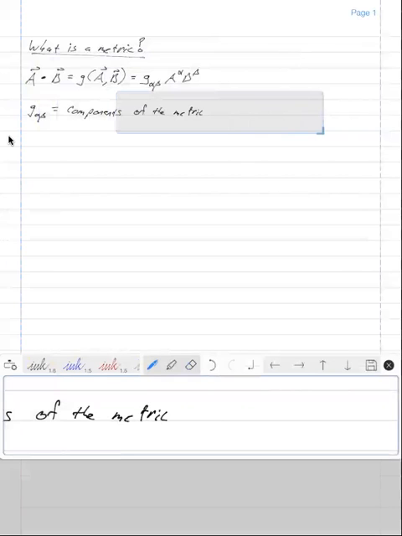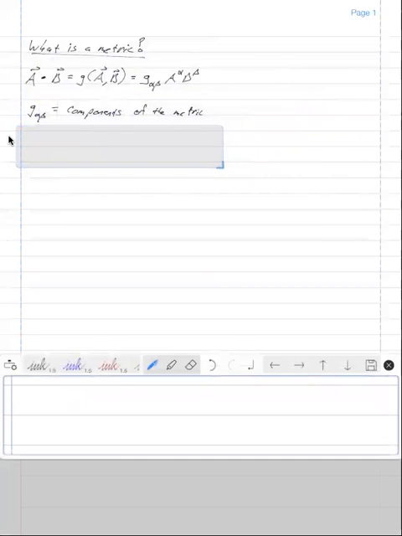I'm going to go ahead and use this same definition to show that the metric also gives us a way to define lengths.